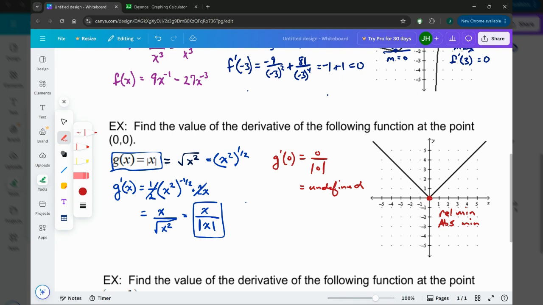So if I find where the derivative equals 0, I could find a max or a min. Well, this time the derivative is undefined. So maybe I'm going to find relative maximums or relative minimums where the derivative is undefined. Maybe I've got to look for both.